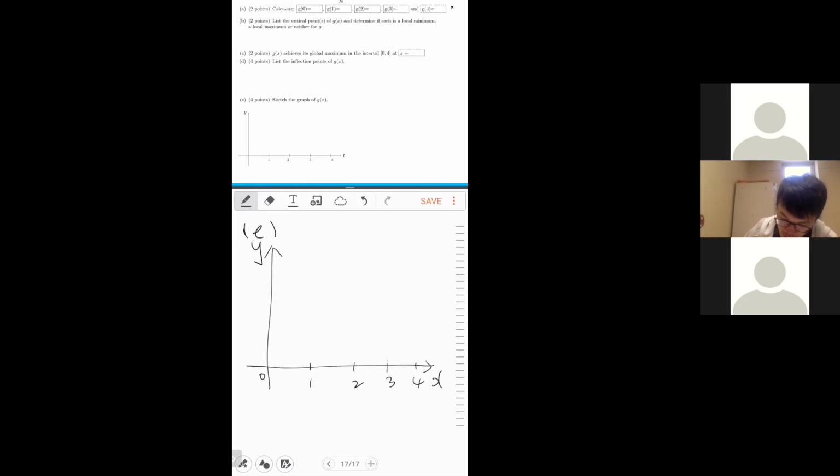And I know that when x equals 0, g of x is 0. When x equals 1, it's pi over 4. When x equals 2, it's pi over 2. When x equals 3, it goes down to pi over 4. When x equals 4, it comes down to 0.